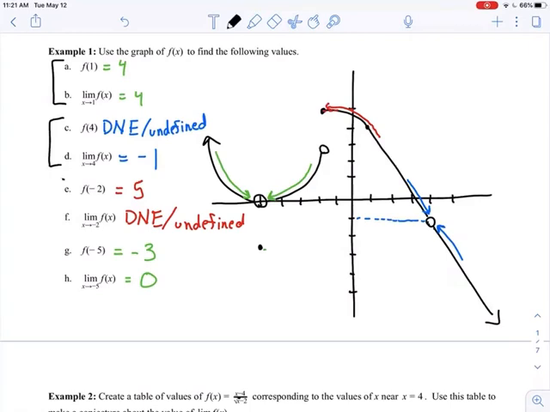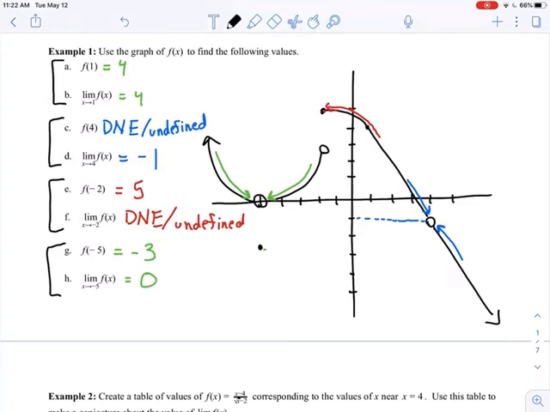In parts E and F, we switch those two around: now the function does exist, but the limit does not. And then in parts G and H, they both exist, but the value of the function is totally different than the value of the limit. We have two completely different values right here.